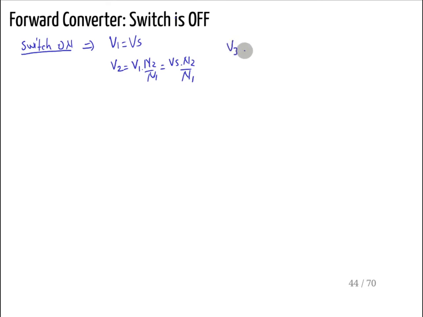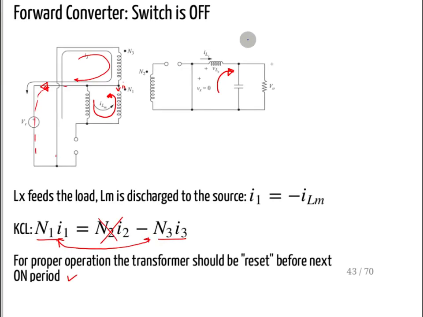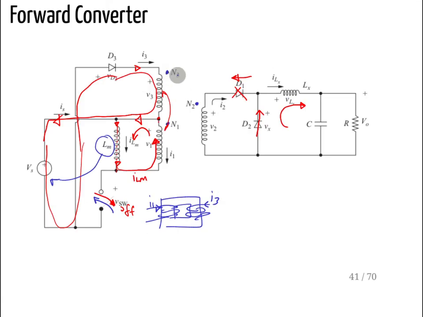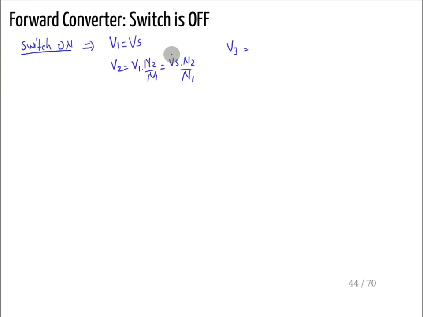And V3, you can write as the same thing, V1 times this time N3 over N1, and that one is equal to Vs times N3 over N1.